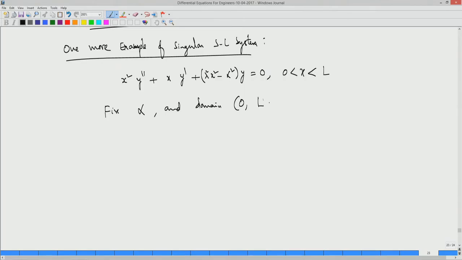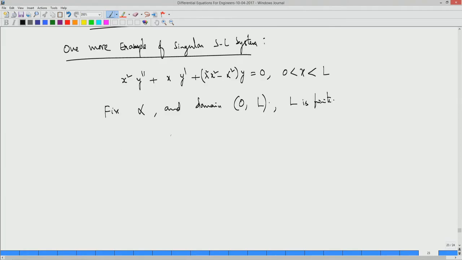The domain is fixed to some finite quantity, L is finite. So, if I do this, what is the equation? I rewrite the equation like this.